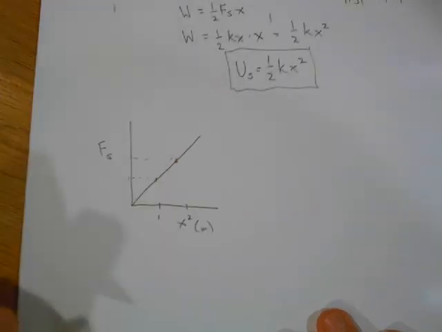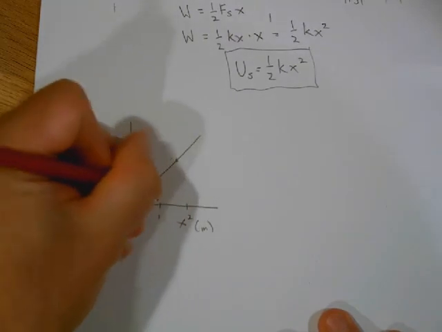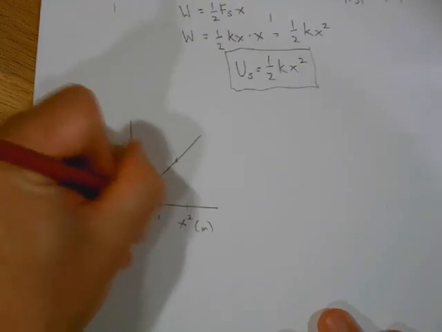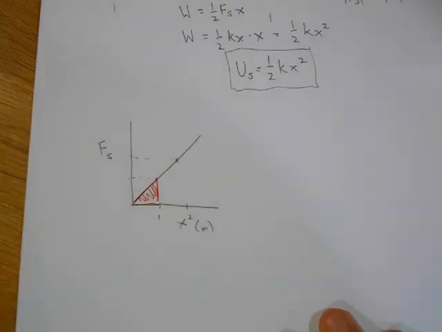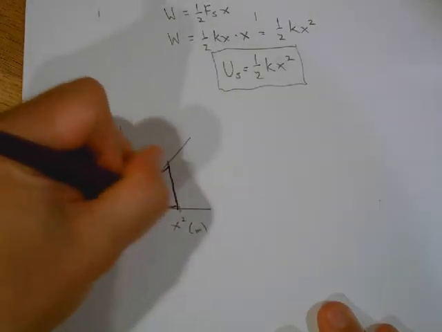Okay. But going from here to here, I want to make sure you understand the area is not going to be times 2. Watch. Here's the red triangle, the area of the first one. The area of the other one I'm going to do in purple.